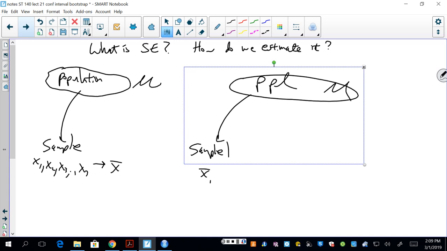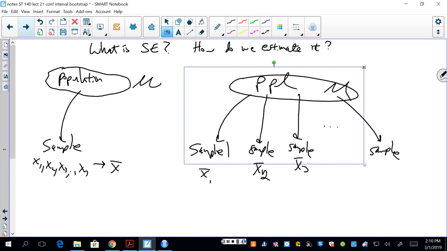If we could do the whole process again and get a second sample and an average for that one, do it again, get a third sample, and take another sample, and so on, I'm going to put a capital B here for a large number of samples. If you could do it a bunch of times, you would get a distribution of x bars.